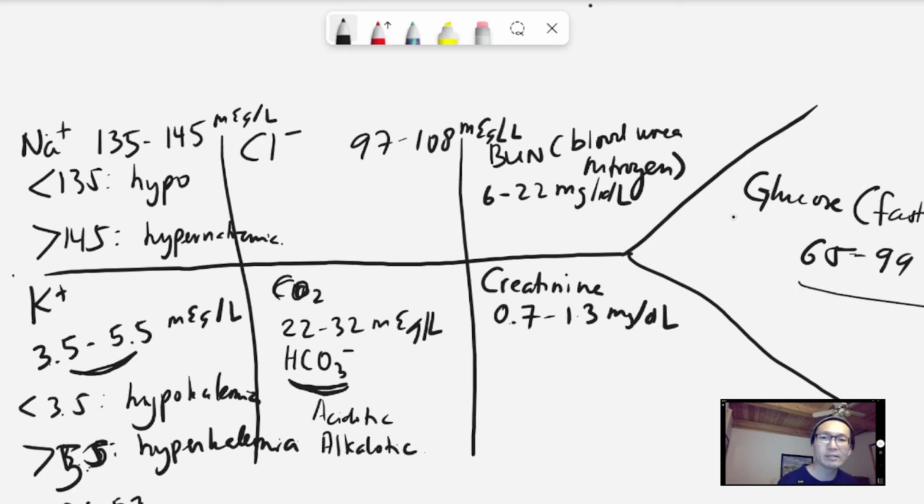The last one that is not in this column is the calcium level, or Ca2+. The normal level of calcium in the blood is between 8.6 or 8.7 to 10.4 milligrams per deciliter. Just want to let you know, this is a total calcium level.